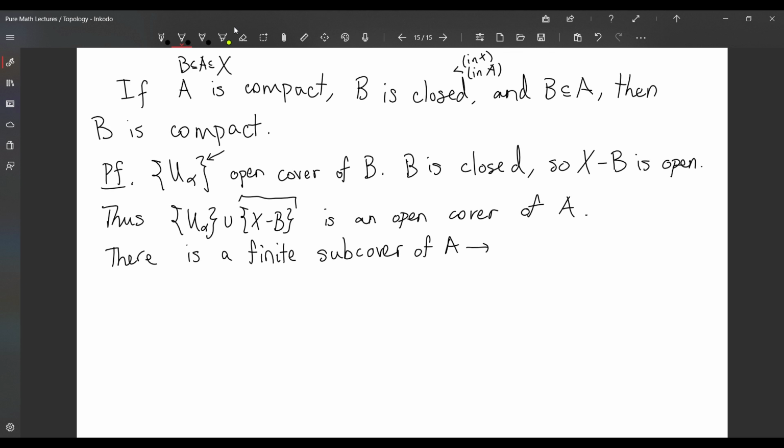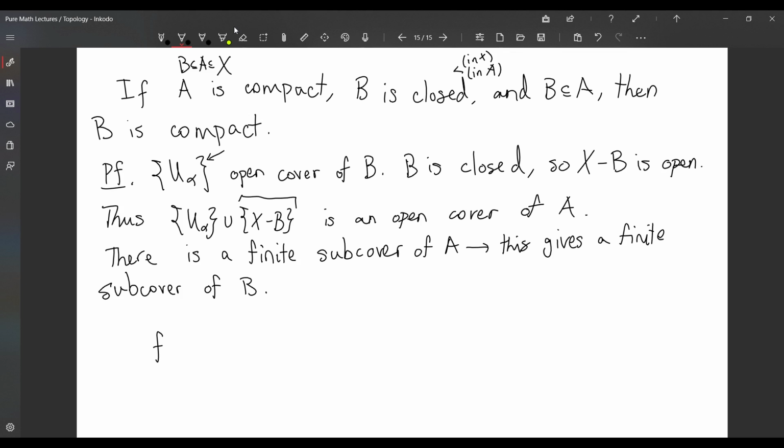But clearly B is never going to be contained in X minus B, so you can just disregard it. So this gives a finite subcover of B. So thus B is compact.